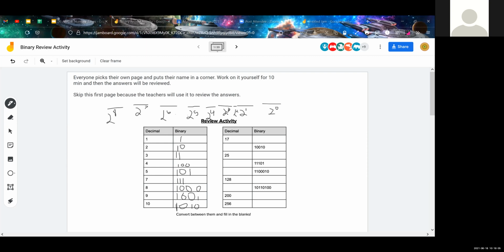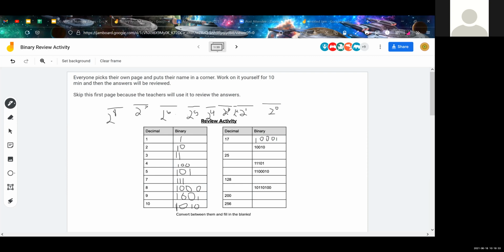Okay, so when we're expressing 17 in binary, we should be able to quickly realize that 17 equals 16 plus 1, both of which are powers of 2. So that would be 1, 0, 0, 0, 1.